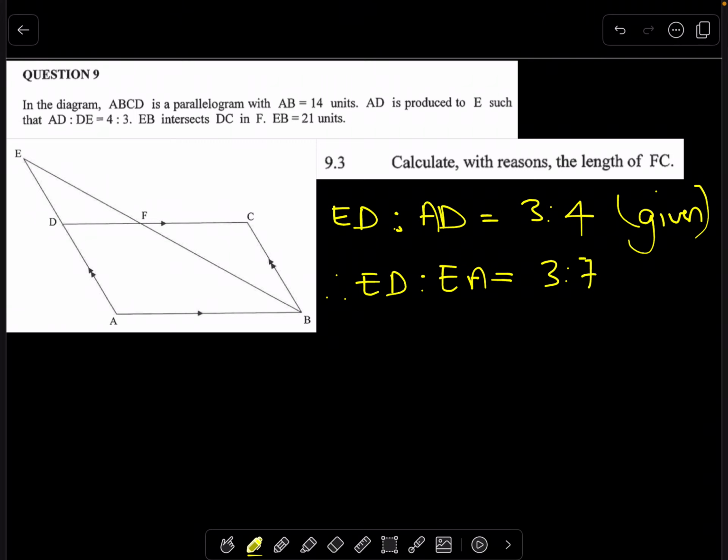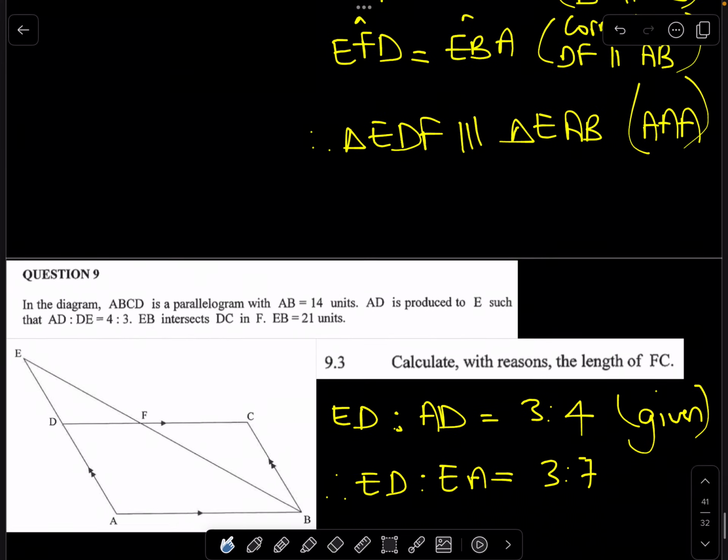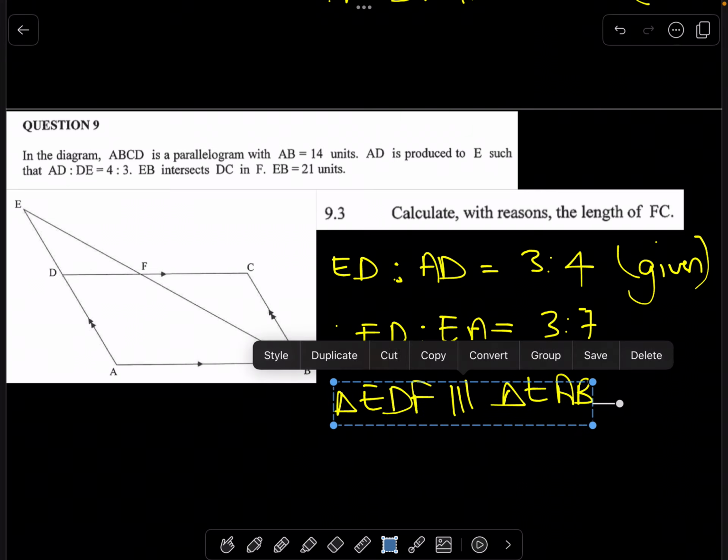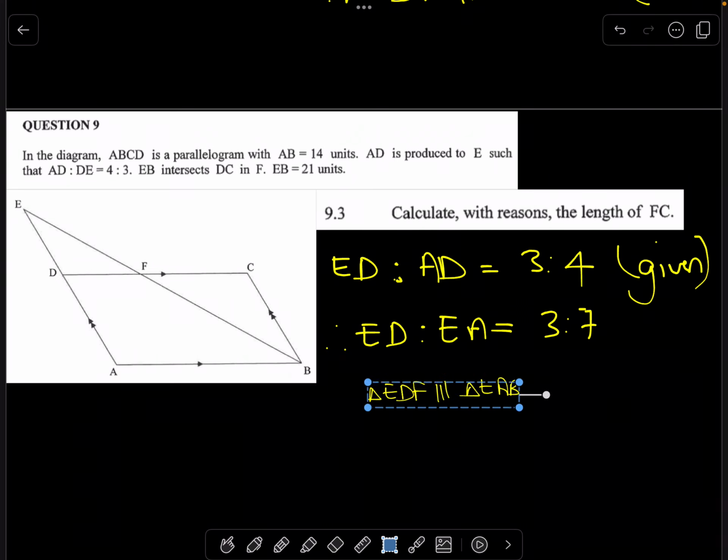And we know that, I'll just repeat what we proved here. Okay, so I'll just shrink it.